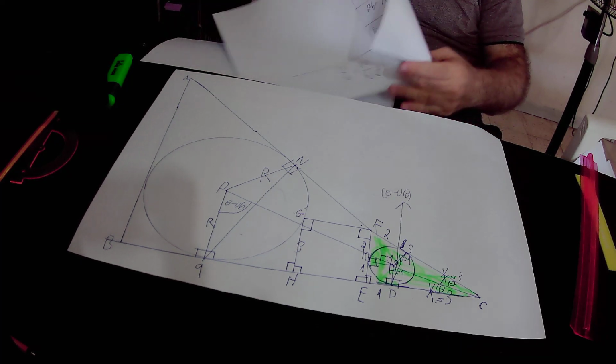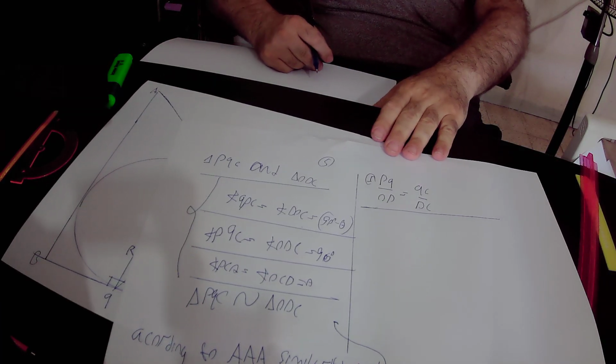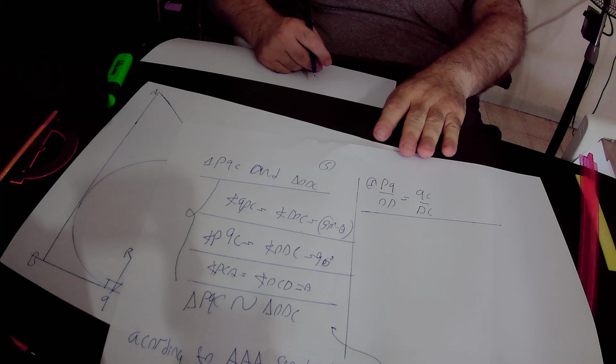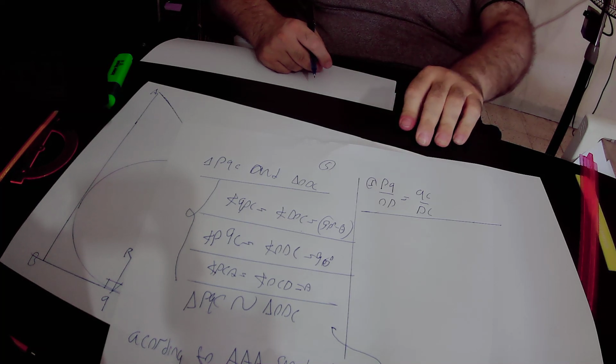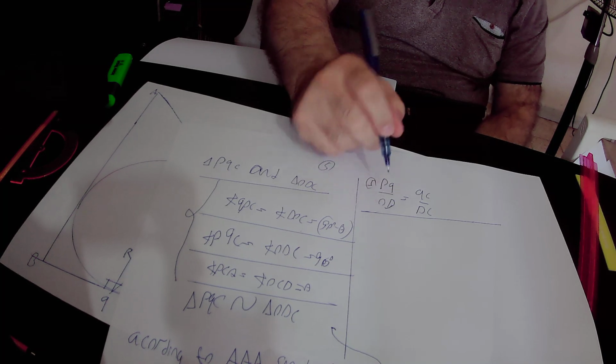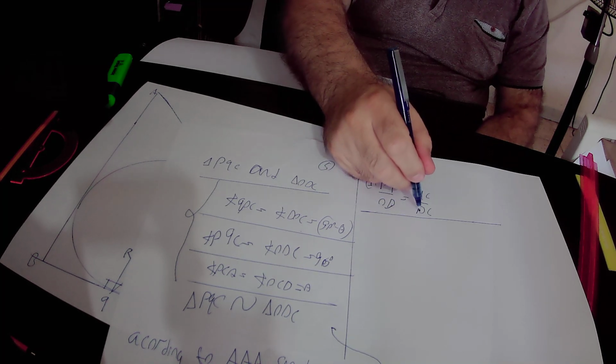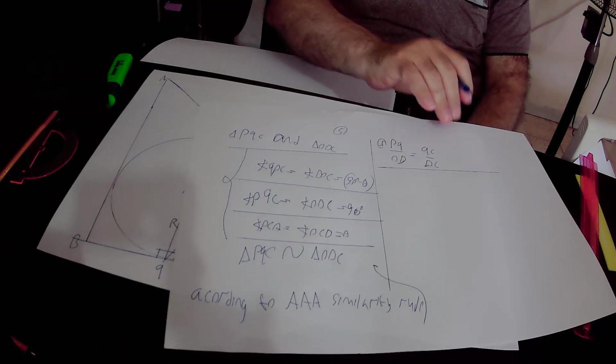And again, we conclude that PQ over OD is equal to QC over DC.